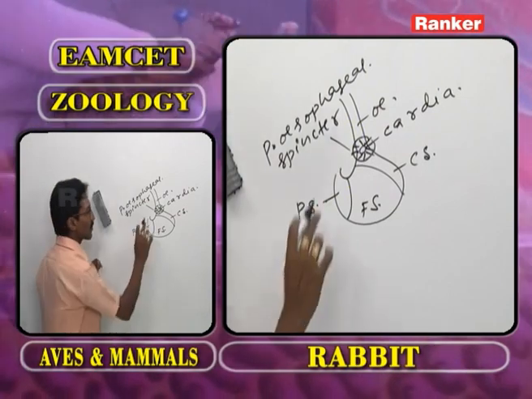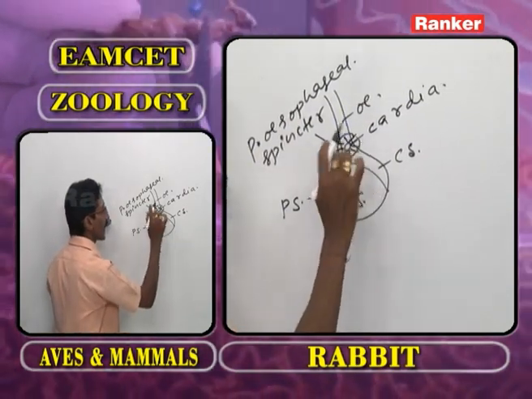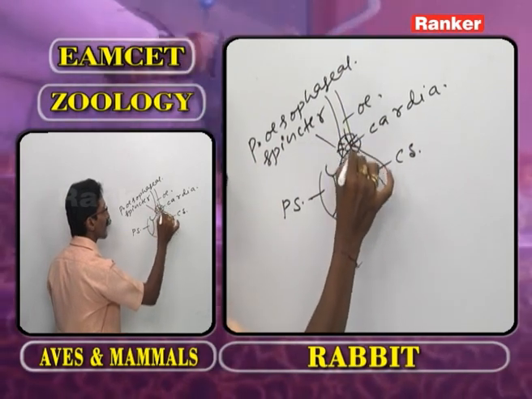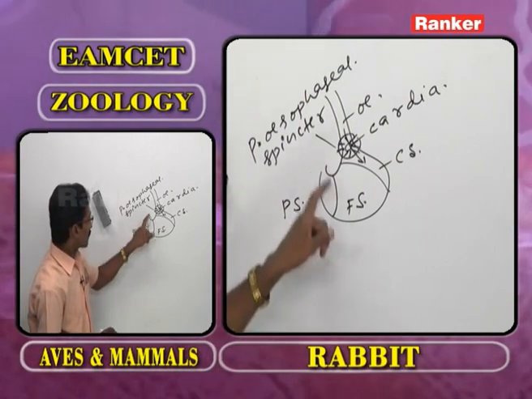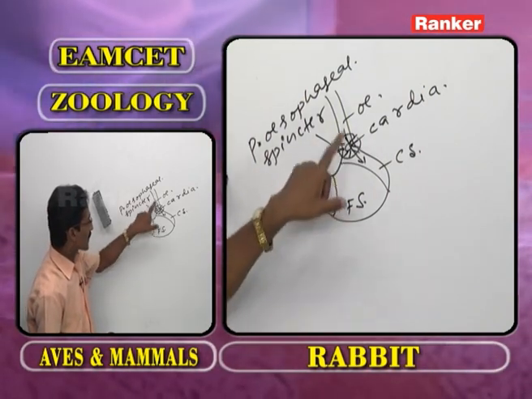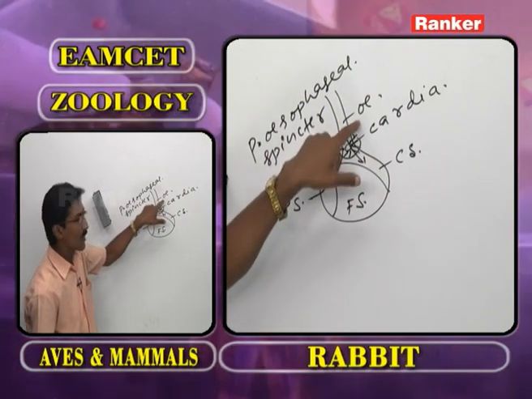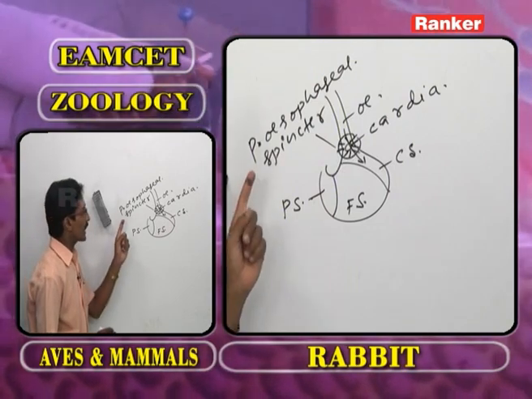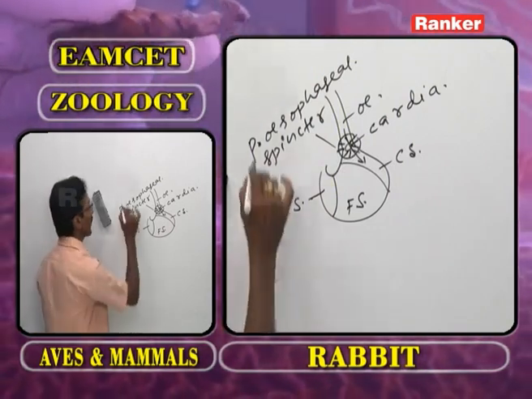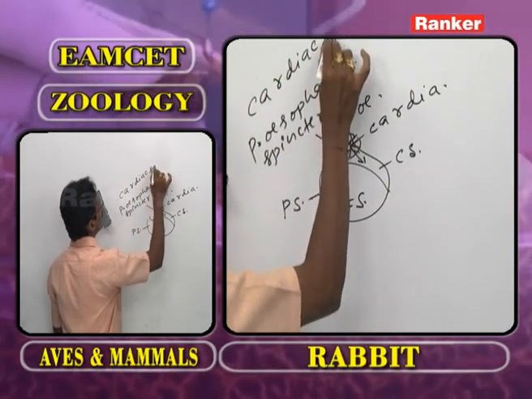Now as we observe this sphincter, it allows food materials from esophagus to cardiac stomach, but this sphincter does not allow the food materials from cardiac stomach to esophagus. What is the other name of posterior esophageal sphincter? It is also called the cardiac sphincter.